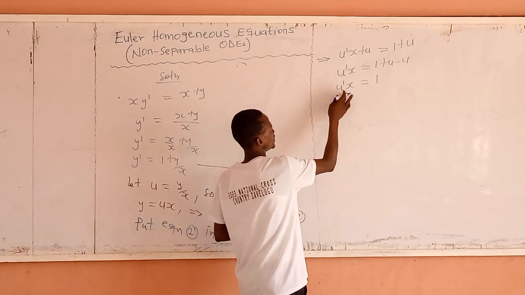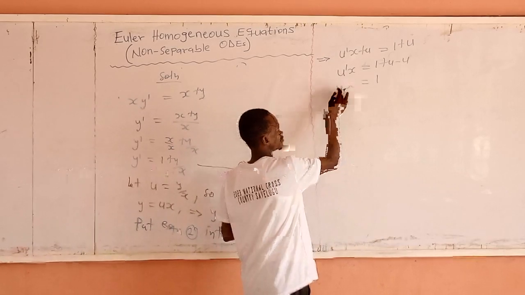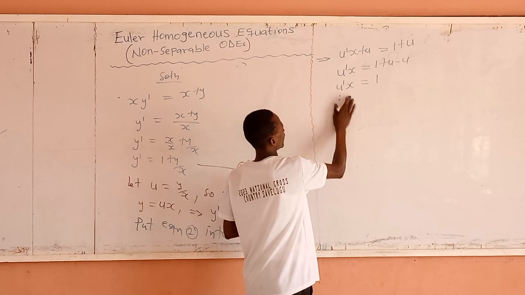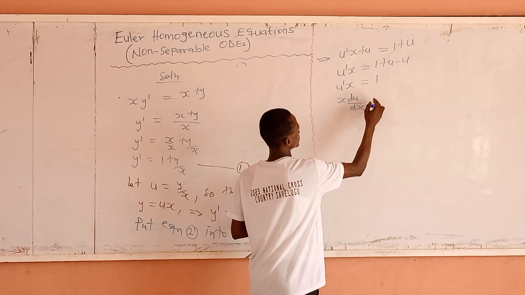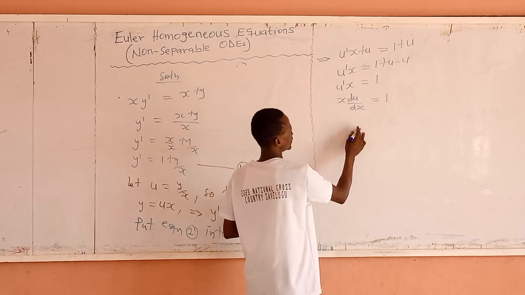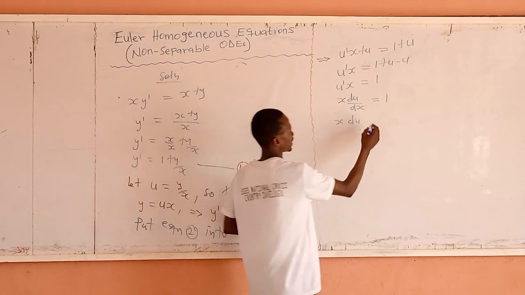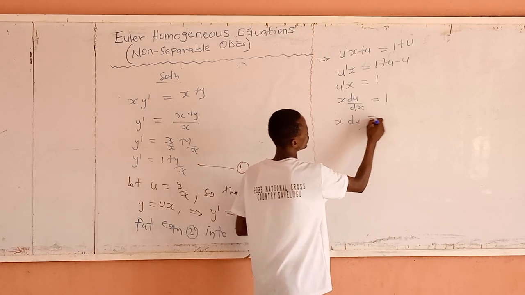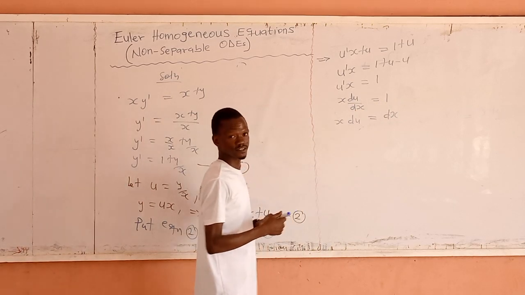And so we change the u prime into du dx. So this is the derivative of u with respect to x. So we have x du dx equal to 1. And so I can multiply both sides by dx, and I'll have x du equal to dx.